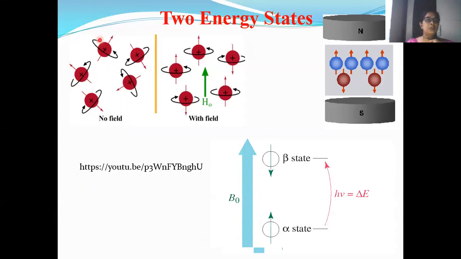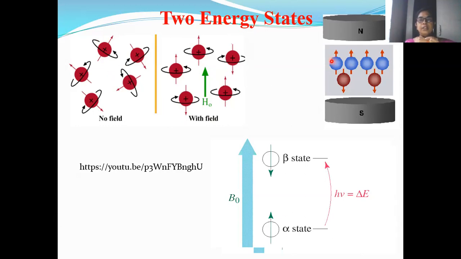This means that clockwise spin motion and anti-clockwise spin motion are of equal energy. As soon as we place these nuclei in contact with the external magnet or in a magnetic field, look at this image.